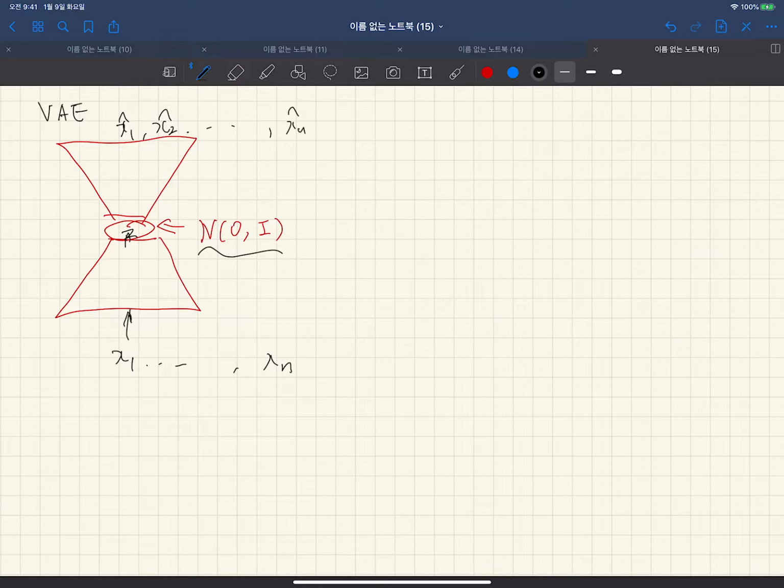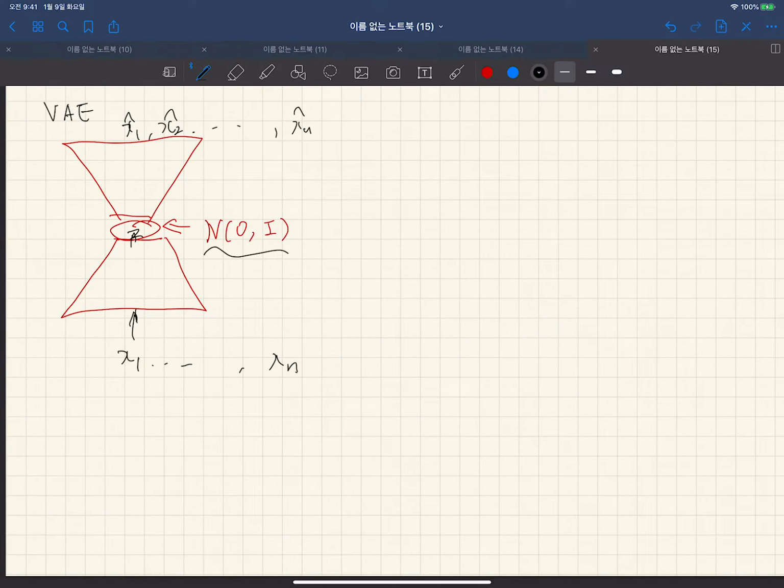If we can satisfy this target latent variable distribution, then basically from the decoder, when you randomly generate a normal latent variable and give it to the decoder, you can easily generate a new image.